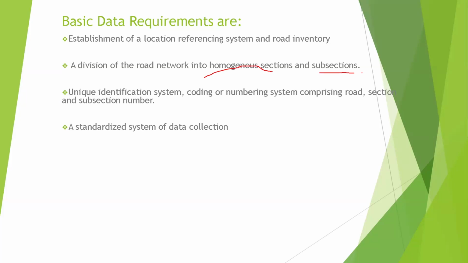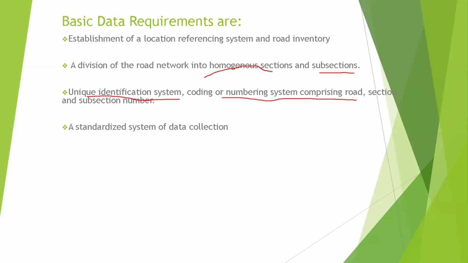Then after we've partitioned the network, we have to give what we call a unique coding, identification and numbering system, so that as soon as I mention that code, you will know the section I'm talking about. And we can also assign the attribute or data picked from the ground to that section.